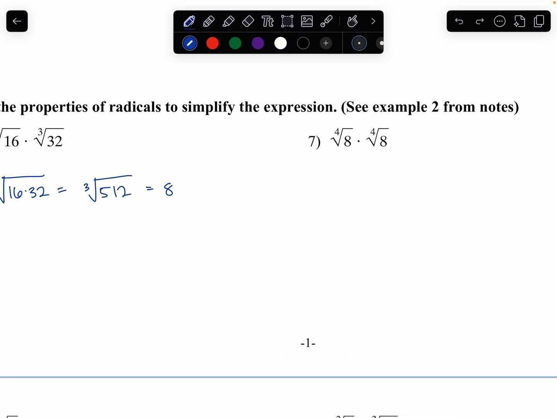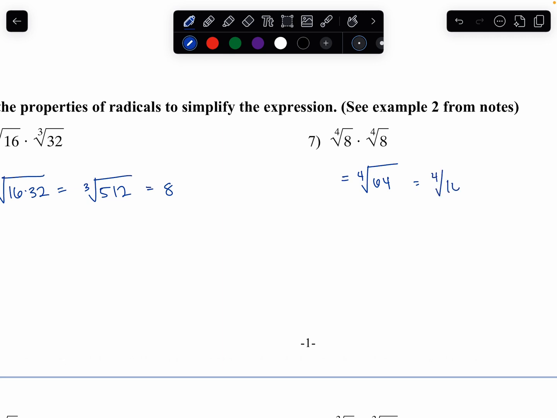Here I have the fourth root of 8 times 8. So that's going to be equal to the fourth root of 64. I don't believe, so 64 raised to the 1 divided by 4. Okay, so 64 doesn't have a perfect fourth root, a whole number anyways. So again, think of 64. 64 is equal to the fourth root.